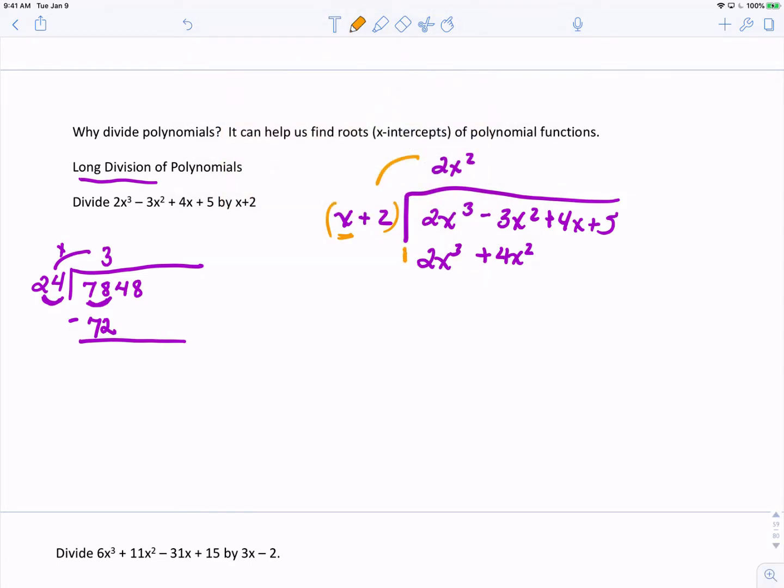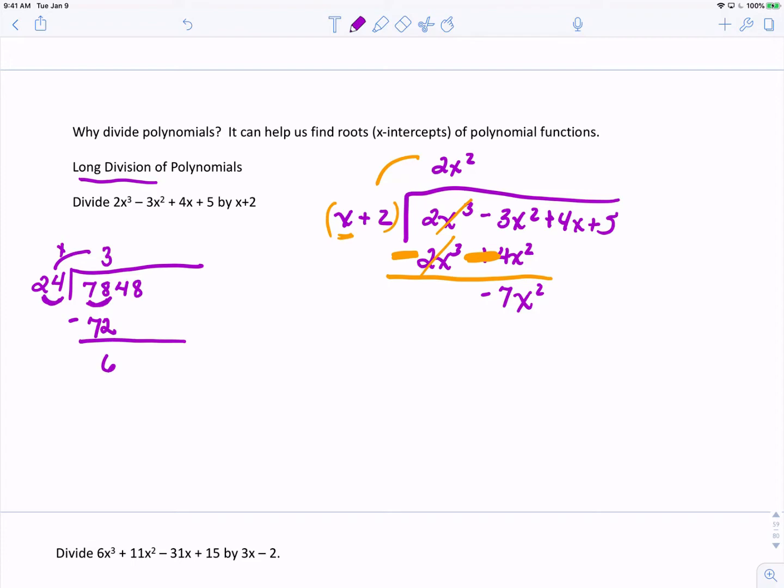So I'm going to change this first term to a negative and the second term to a negative, and then I'm going to combine these two. 2x cubed and negative 2x cubed is 0. Negative 3x squared and negative 4x squared is negative 7x squared. Okay, so let's come back over here to regular long division. And we would subtract, in other words, add the opposite, and get 6.